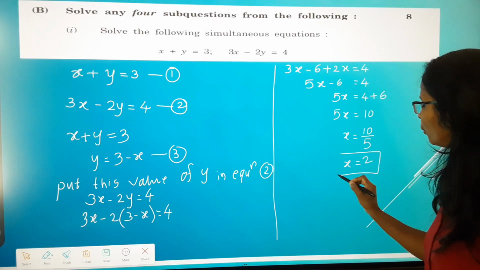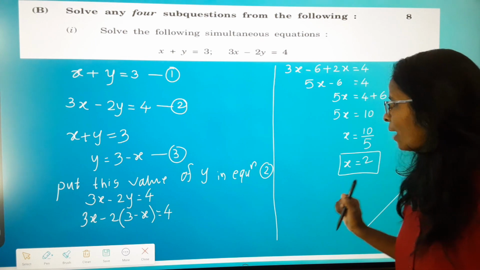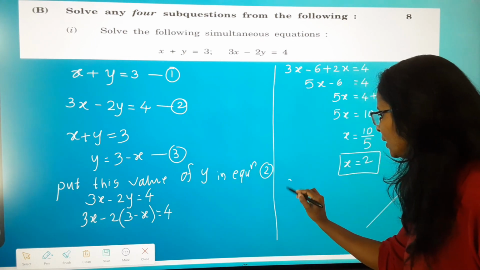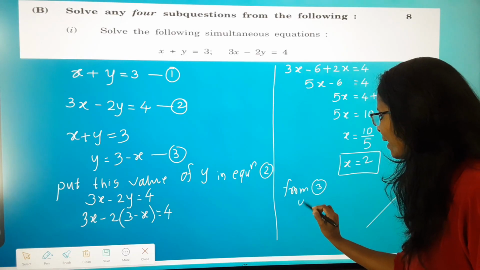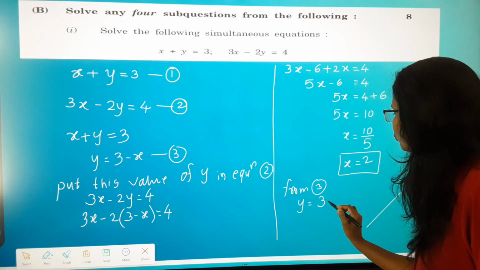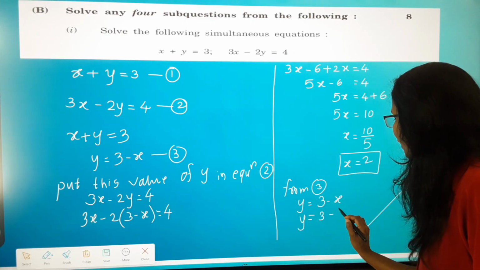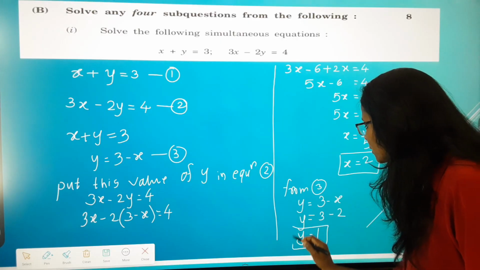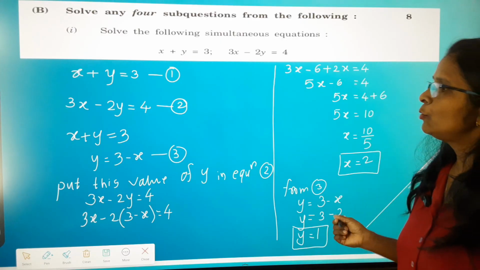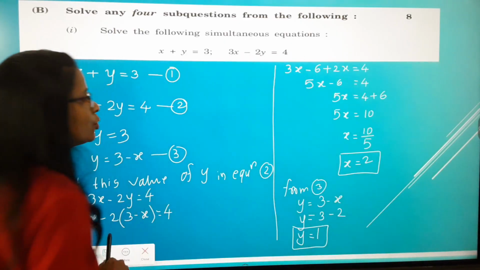Now from equation 3 you get the value of y, that is y is equal to 3 minus x. So y is equal to 3 minus 2, and y is equal to 1. Yes, now we have the two values x and y. Now we write the final answer, students.